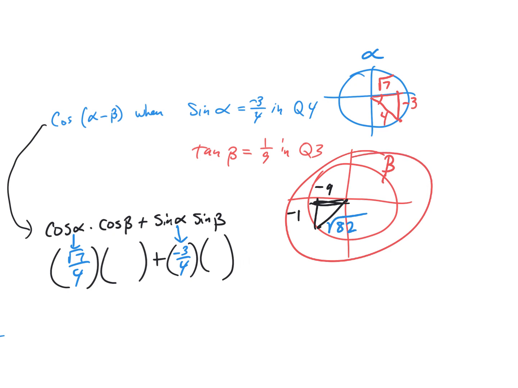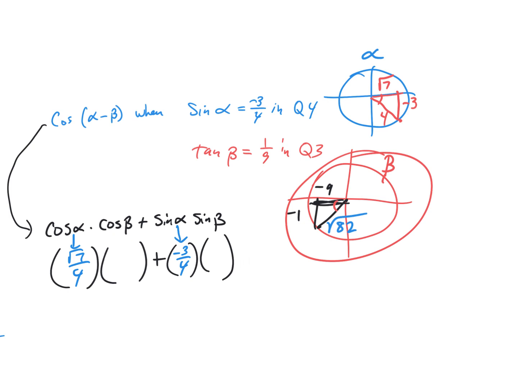Oh, sorry, I haven't gotten that far yet. Okay. I trust that you'll be able to do it. Cosine of beta. See the triangle? Cosine's adjacent over hypotenuse. Just give me a quick second while I draw the circle. I'm almost done. Okay? -1 over square root of 82.